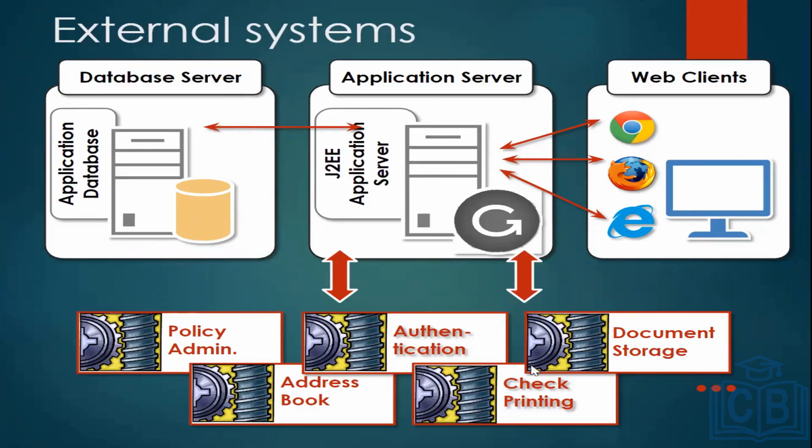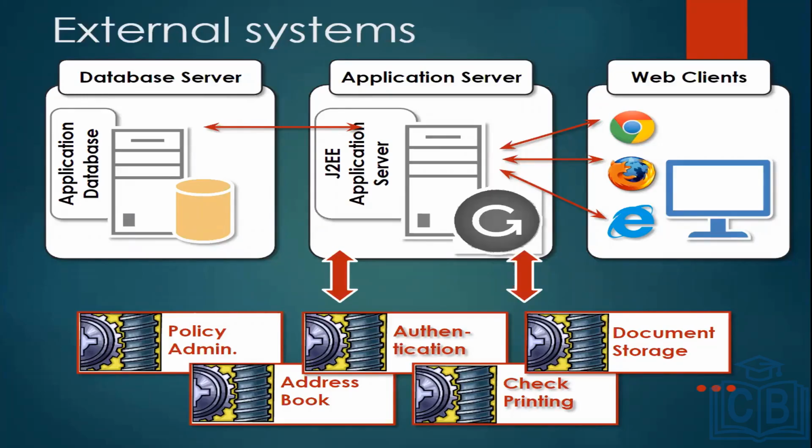From Claim Center, they will send the metadata to the document storage system, and the document storage system will store the document and create a public ID to uniquely identify the document at a later stage.